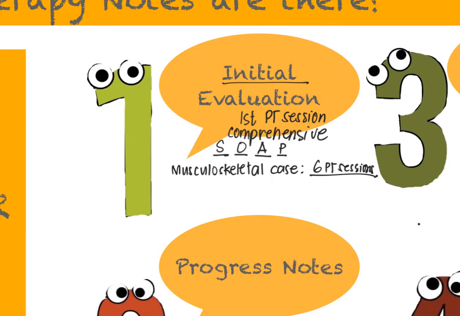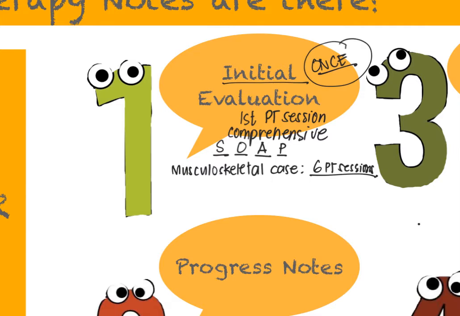So for the entire 6 PT sessions, how many times do we do initial evaluation? Okay, only once. We do it only once. The first time we meet the patient on the patient's first PT session, you are going to conduct initial evaluation.